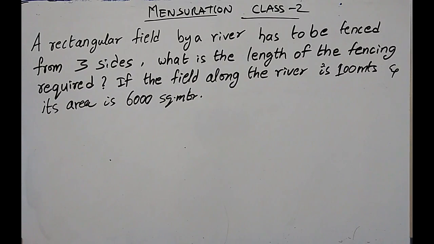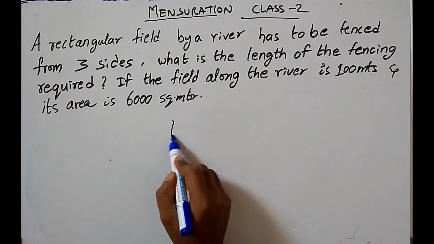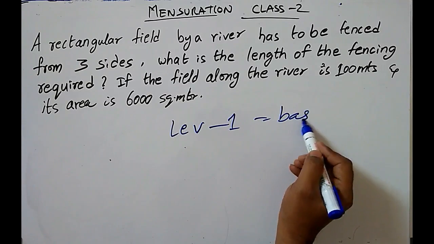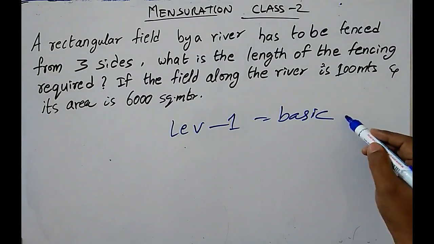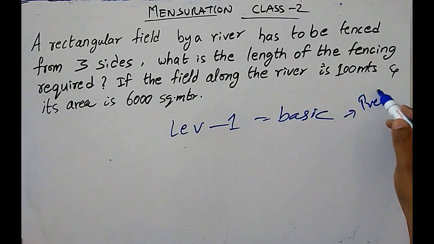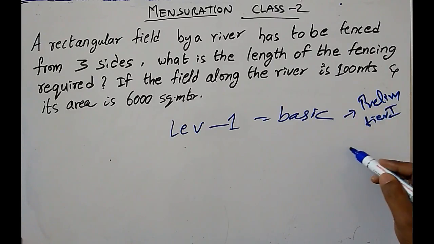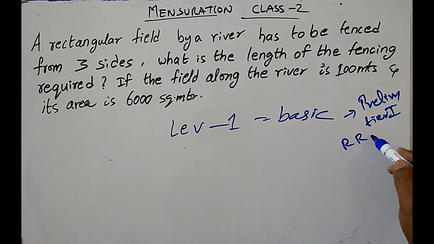This is Bharat. I am teaching the mensuration series in which we are seeing rectangles and squares, and this is class 2. Here I am going to deal with level 1 problems, or basic problems, which you can expect in prelims or tier 1 of RRB, SSC and bank exam clerical.